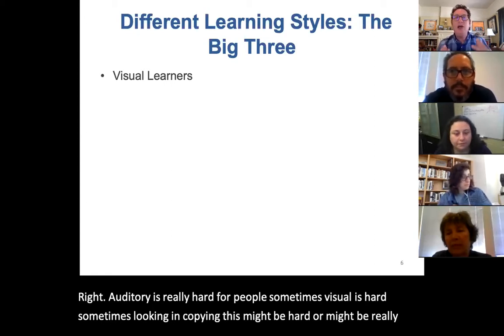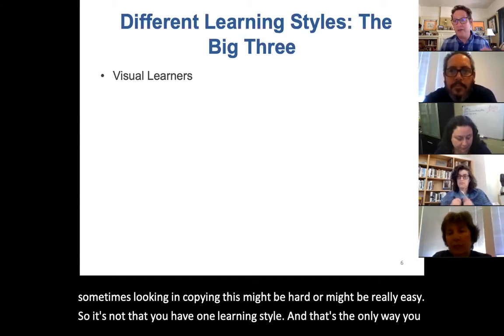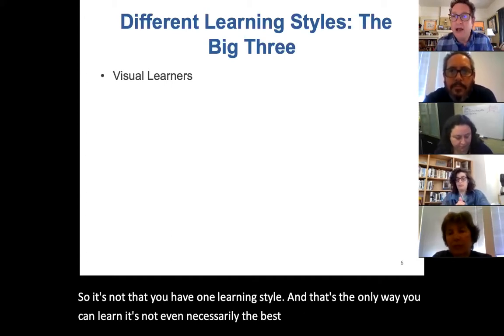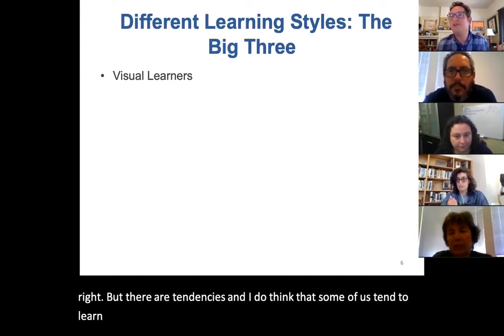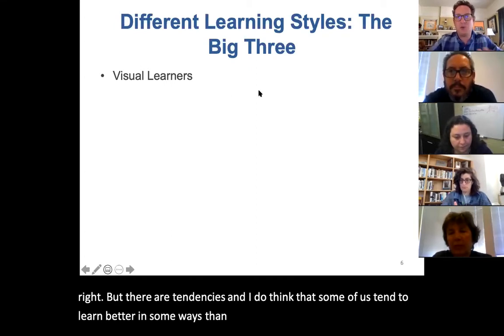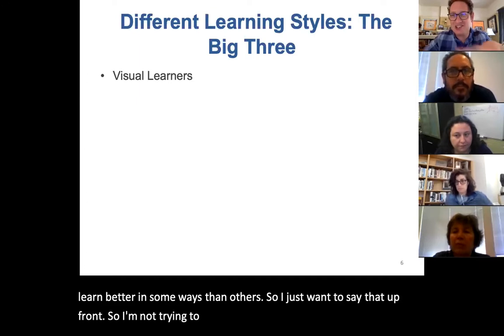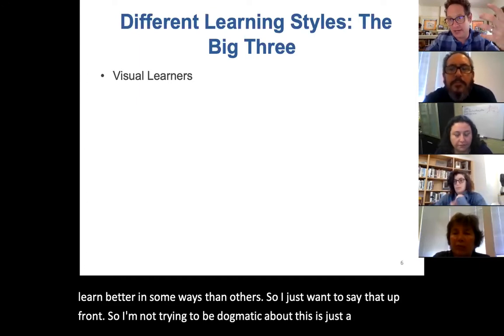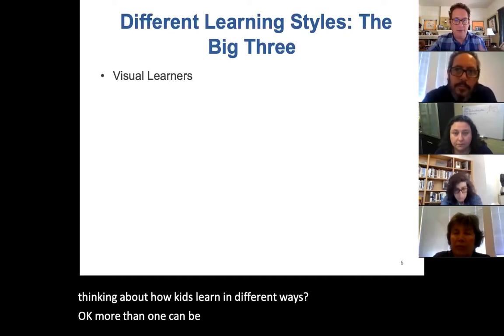So it's not that you have one learning style and that's the only way you can learn. It's not even necessarily the best way that you will always learn. But there are tendencies, and I do think that some of us tend to learn better in some ways than others. I just want to say that up front. I'm not trying to be dogmatic about this. It's just a way of thinking about how kids learn in different ways. And more than one can be present in the same kid in the same moment.